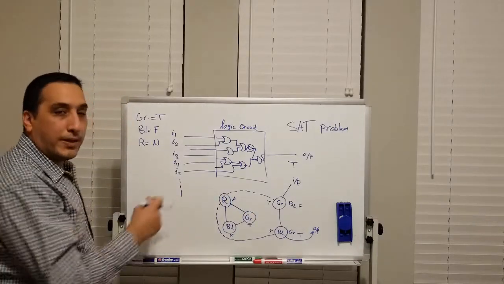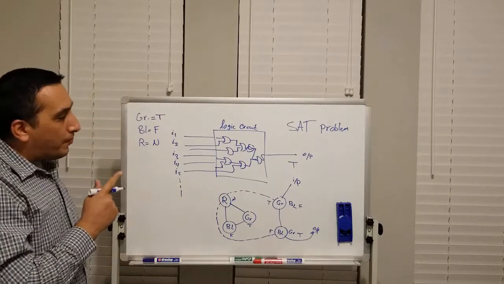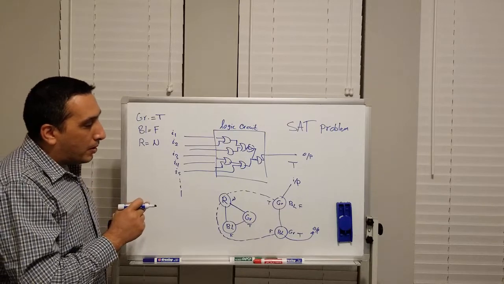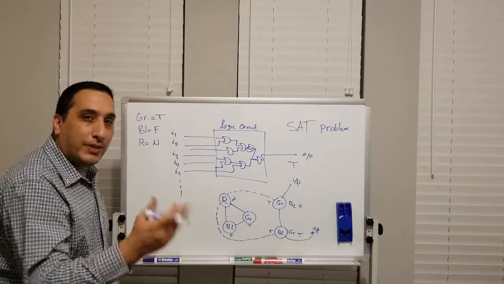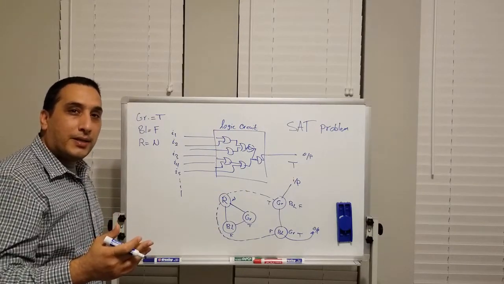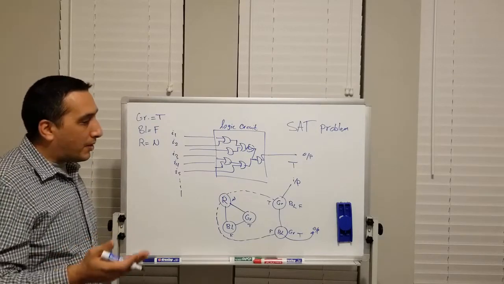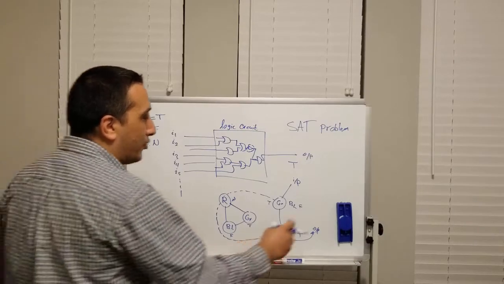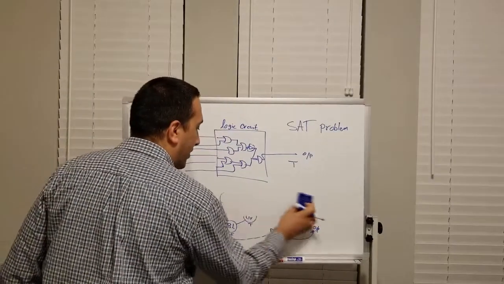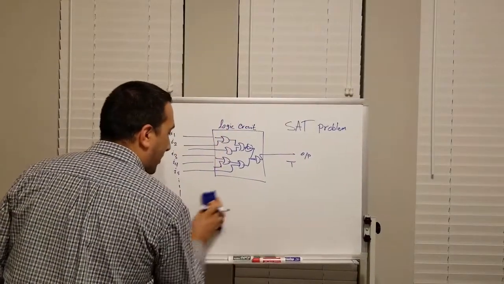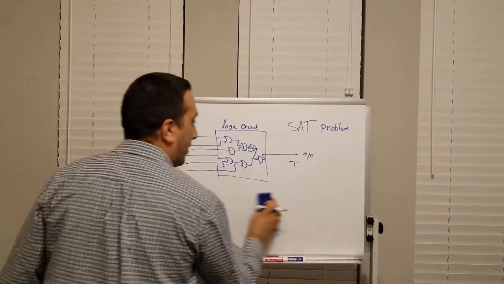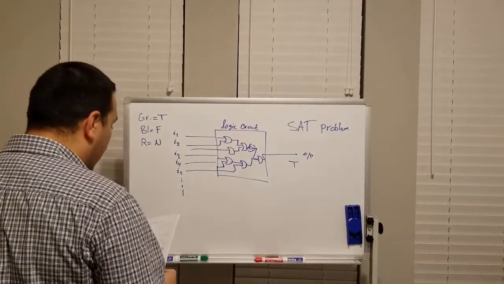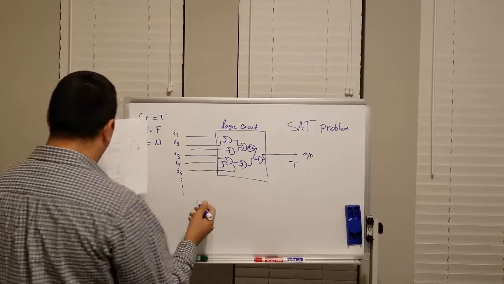Well, how about the OR? If we have a diagram that represents the OR functionality, then we're pretty much done. Okay, so let's go ahead and try to do that. That's going to be interesting, really. All right.